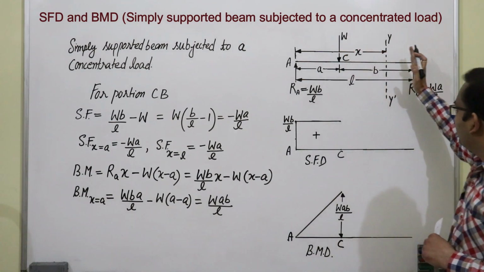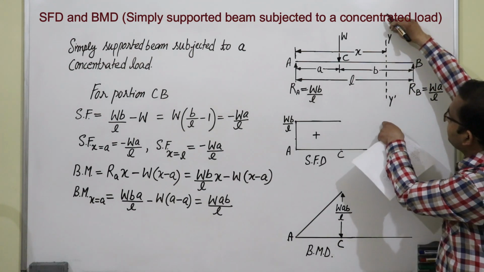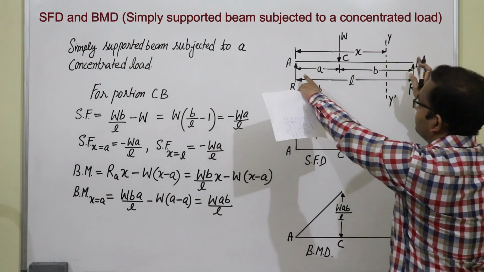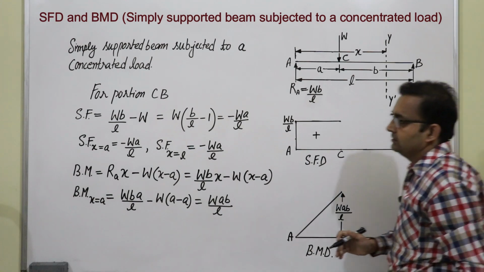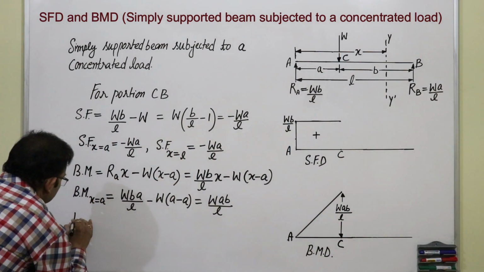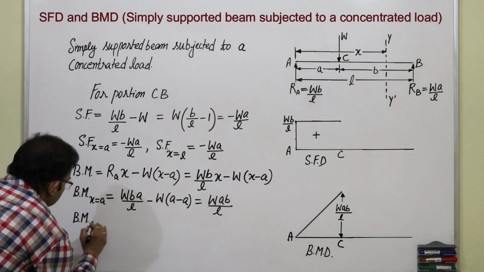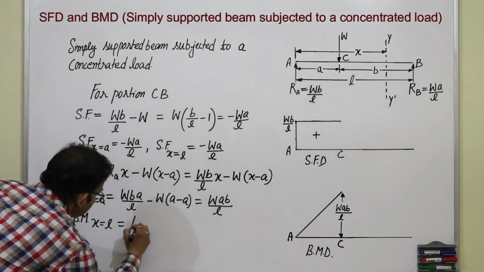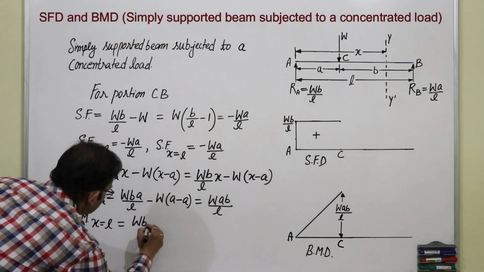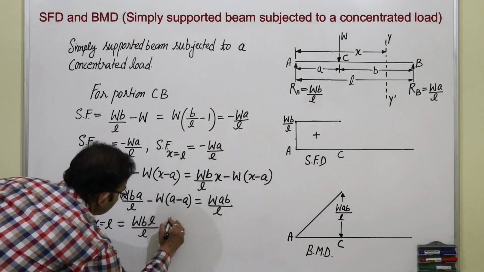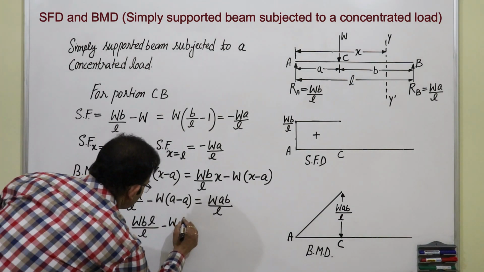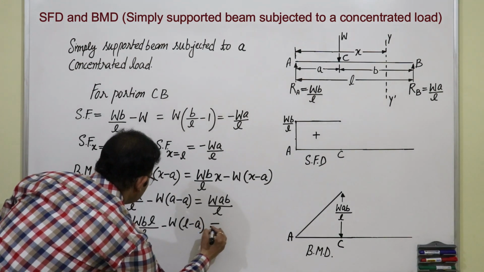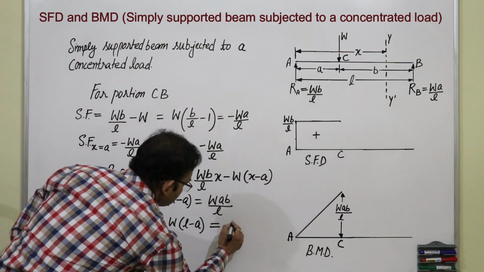Now the bending moment at point B. What we will do is slide this section to this side, x will increase and its length will become L at point B. So, bending moment at x equal to L: WBL upon L minus W into L minus A equal to 0.